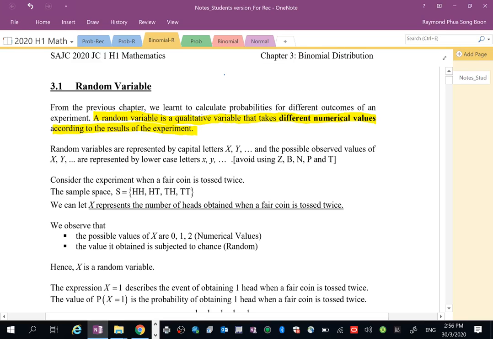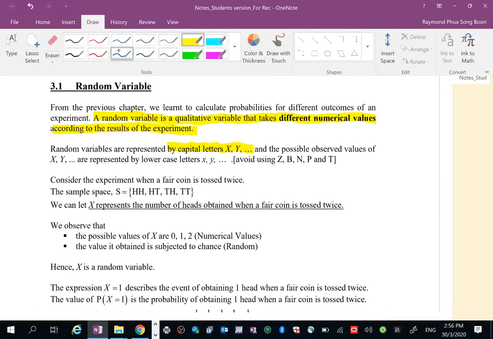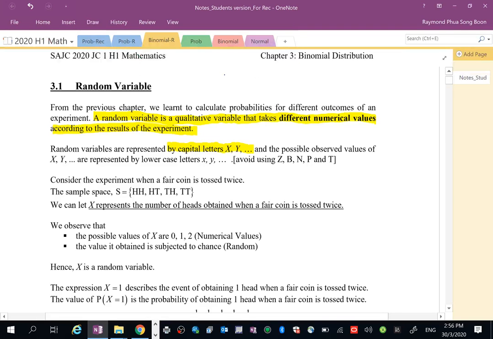We usually represent random variables by capital letters such as X, Y, or A, B, C, and so on. But the main thing is that they must be represented by capital letters.